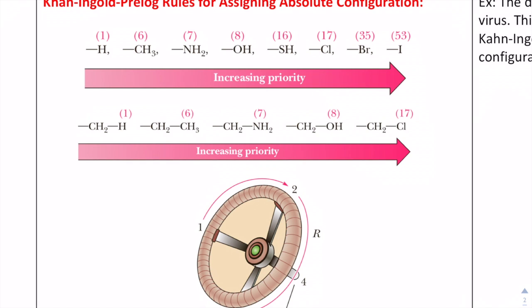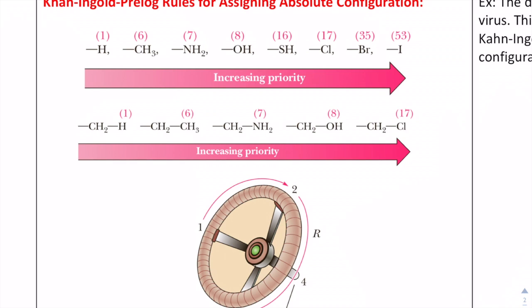But what specifically is deciding what this priority is? So we see that there's these red numbers up top. There's 1, 6, 7, 8, and so on, all the way up. So what does that mean? Well, that is the atomic number, okay? That's the atomic number of the atoms directly in contact with that bond. So the hydrogen is first on the periodic table, so it has an atomic number of 1, meaning that there's 1 proton there.